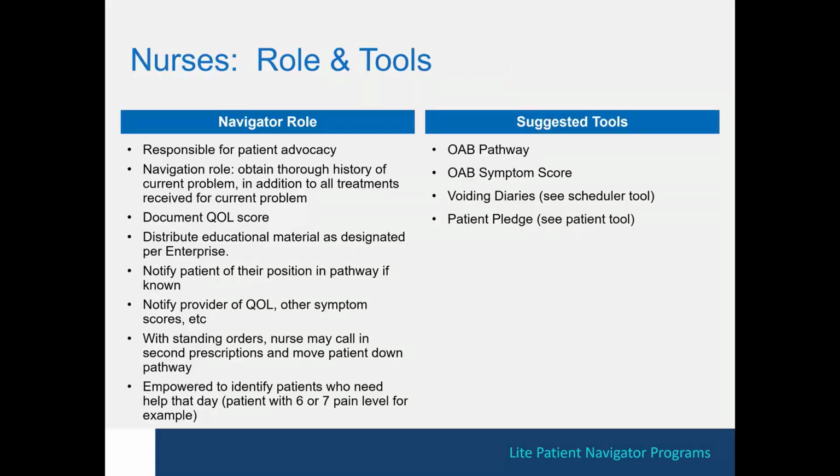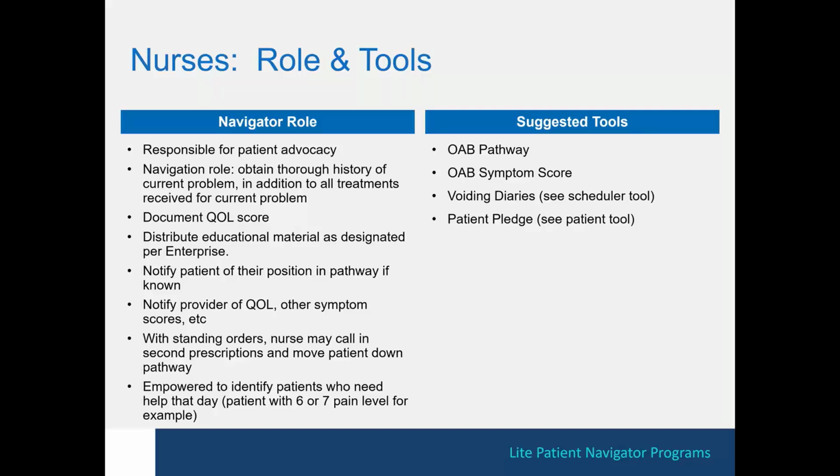Sure, Deb. Nurses are the patient's advocate, and their most significant role is to obtain a thorough patient history and get details on current issues and be ready to discuss these with the physician. Collecting this information helps to expedite care for urgent needs, depending on the quality of life score, as Beth just showed you on that form.